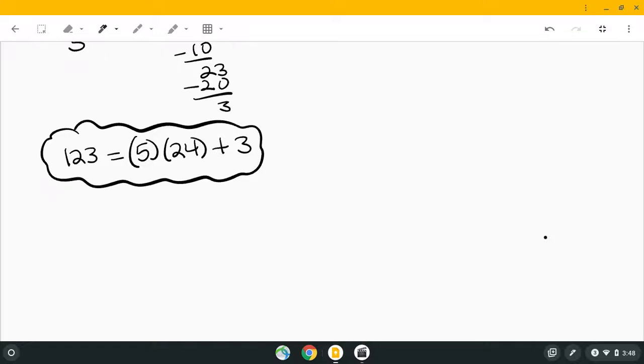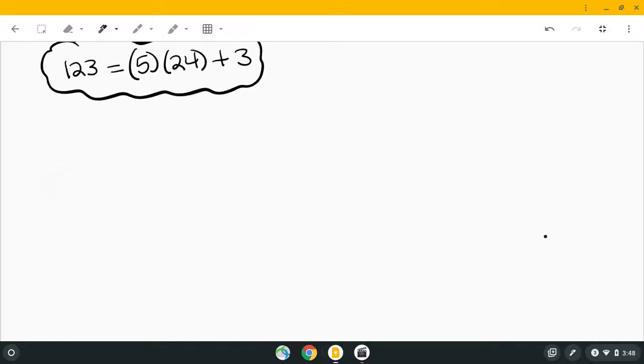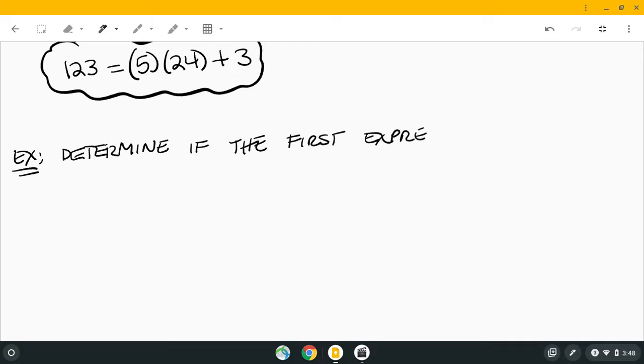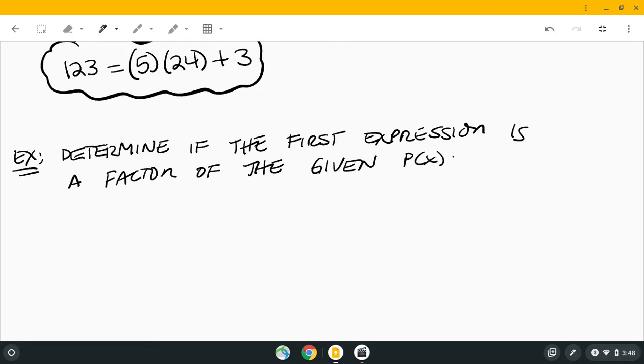You might get a question that says something like this. Determine if the first expression is a factor of the given polynomial.